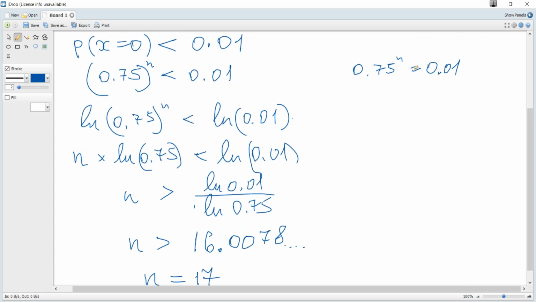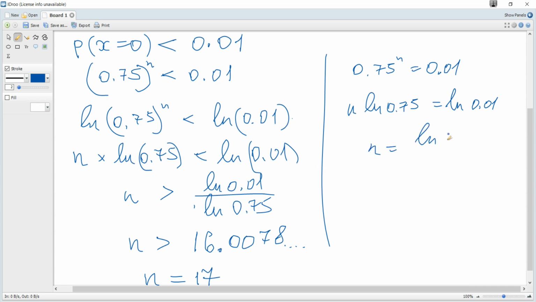And if you use equality, it will be the same. You apply ln, n moves in front, and ln of 0.01, and you get the same. It's much easier.